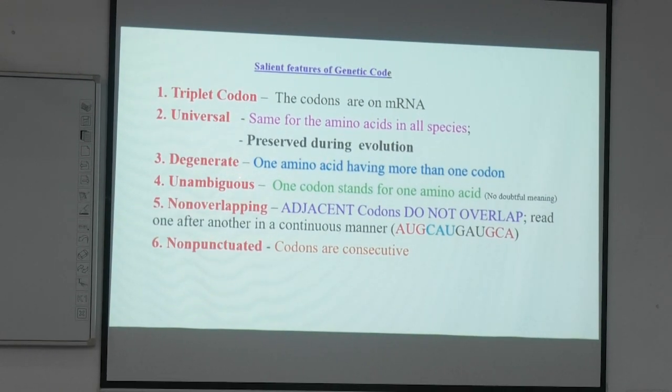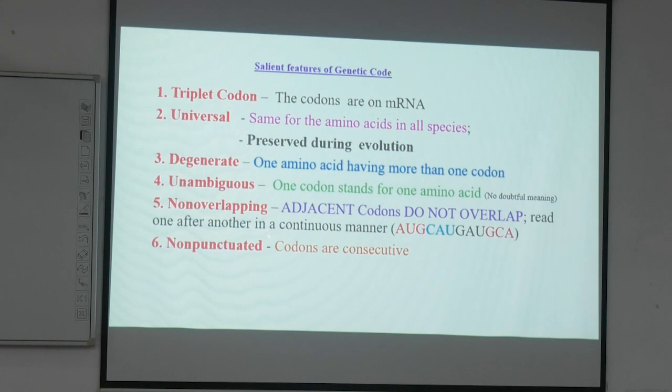It is degenerate. All these things are written in the book. You just listen so that you remember, and you read it today itself so that you will be able to understand. Degenerate means one amino acid has more than one codon. Unambiguous means one codon stands for one amino acid, there is no double meaning.